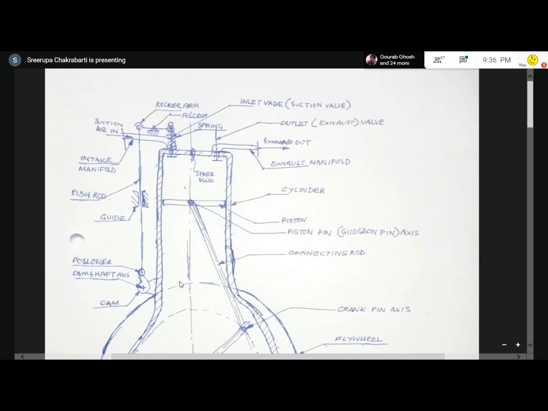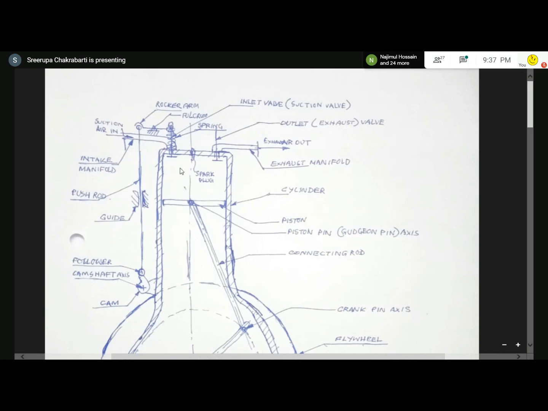The piston has started its upward journey, so they will meet during the compression stroke, somewhere after the BDC, and that is the actual volume of the gas.